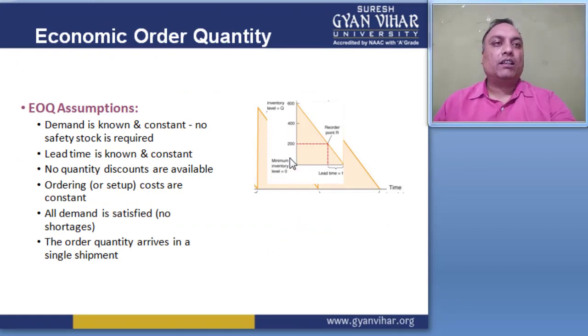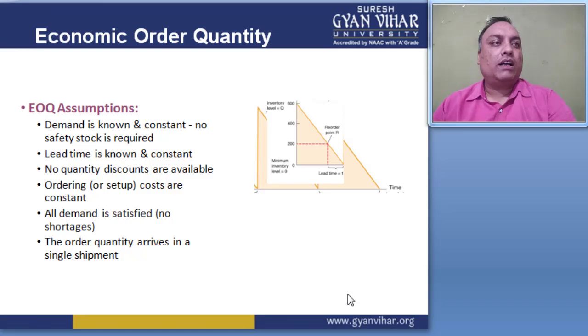This is the economic order quantity, and these are the assumptions we have taken here. For the EOQ, the assumptions are: demand is known and constant, no safety stock is required, lead time is known and constant, and no quantity discounts are available.